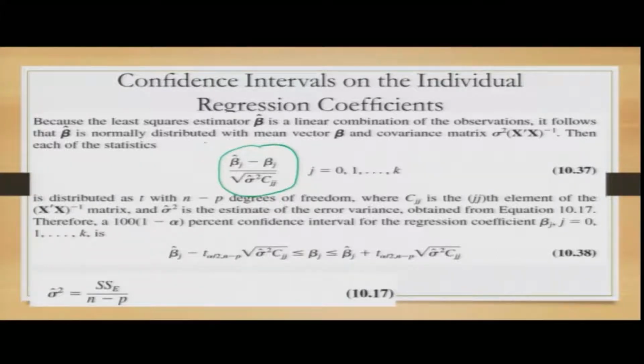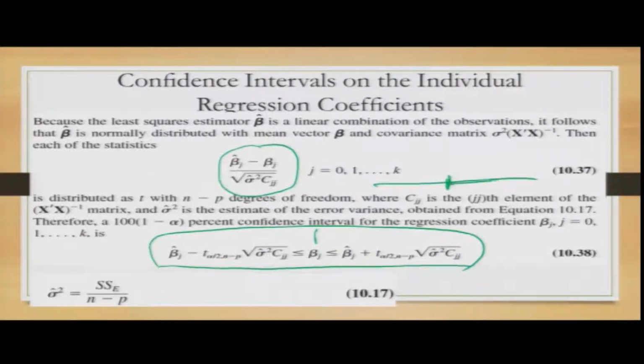Obviously, 100 times 1 minus alpha is the level of significance, and based on that, the interval would come like this. This is the central value, plus and minus the interval which you want to find. The left value would be beta hat minus that t statistic term, and on the right hand side it will be plus.